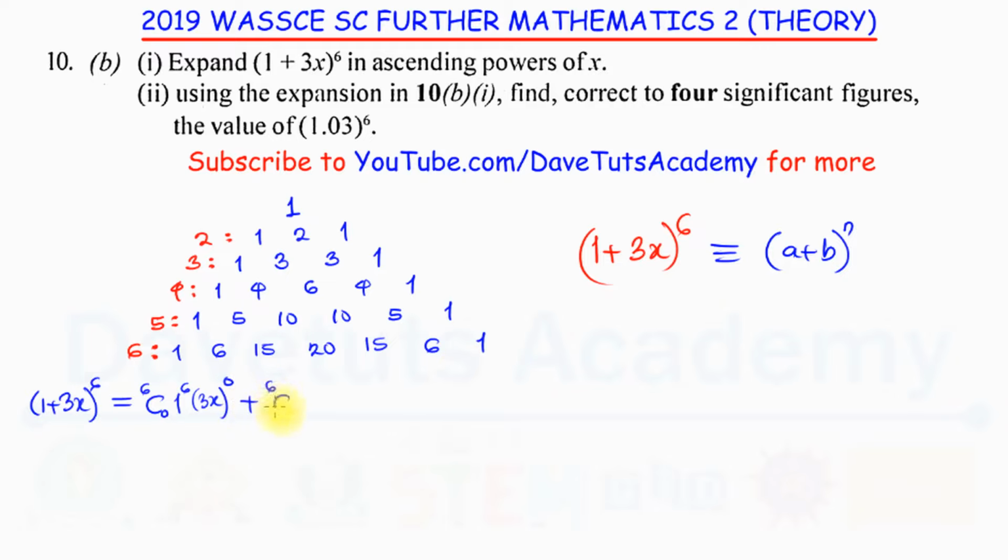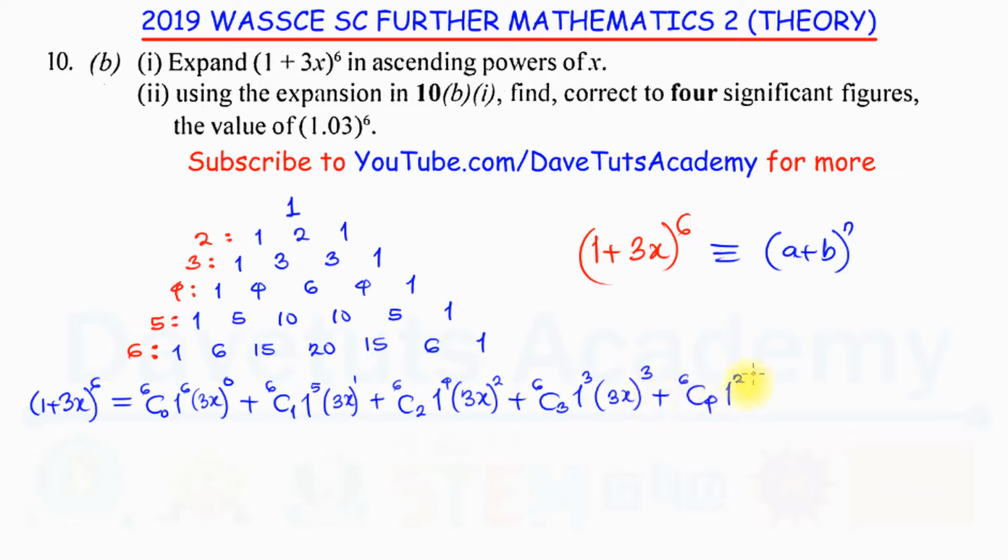Plus 6 combination 1 multiplied by 1 raised to power 5, then 3x raised to power 1, plus 6 combination 2 multiplied by 1 raised to power 4, then 3x raised to power 2, plus 6 combination 3, 1 raised to power 3 multiplied by 3x raised to power 3, plus 6 combination 4, 1 raised to power 2 multiplied by 3x raised to power 4, plus 6 combination 5, 1 raised to power 1 multiplied by 3x raised to power 5.